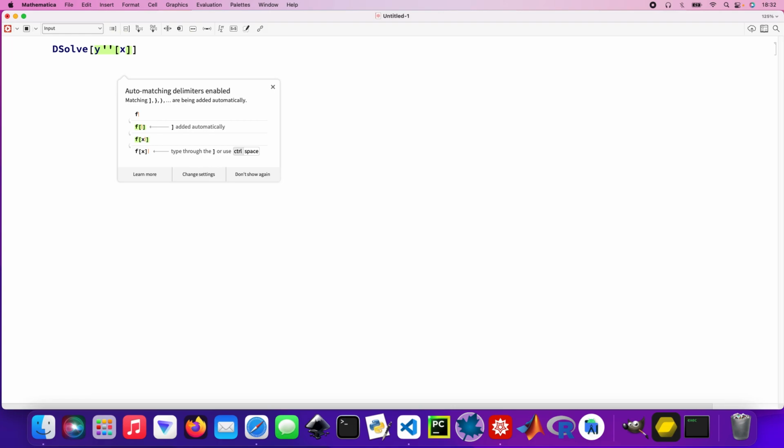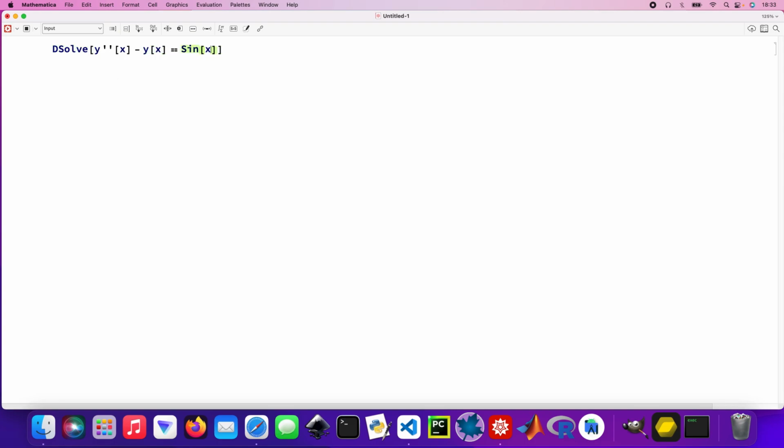So I'm gonna type in DSolve, and then my first equation. That's the second order part, minus y(x), equals sine of x, and then y(x) as my function, and then x is the independent variable.